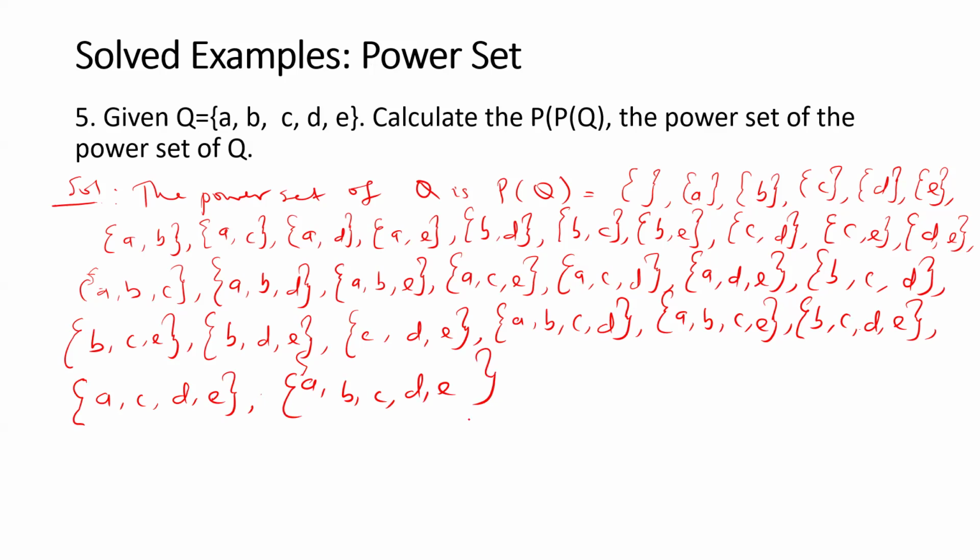So if we count this number, we see that there are 32 different sets, and that is the power set of Q. Now, to calculate the power set of P of Q, this will give us 2 raised to power the cardinality of P of Q, and this gives us 2 raised to power 32.